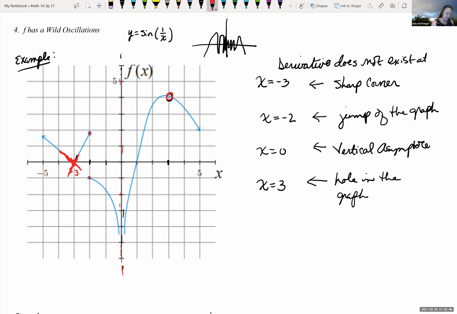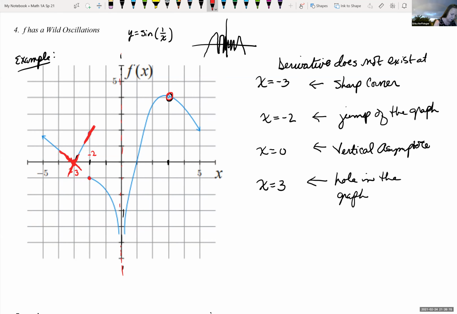So with jumps in the graph, yes, your function could be defined at that value, in this case -2. But again, it depends on whether we are coming in from the left-hand side or the right-hand side while we're looking at that limit, getting closer and closer to that x value. If I'm getting closer and closer to x equals -2 on the left-hand side, this would show that my rate of change is increasing.